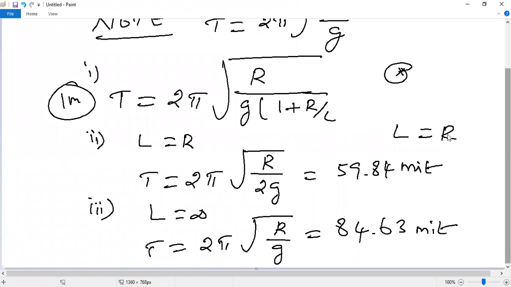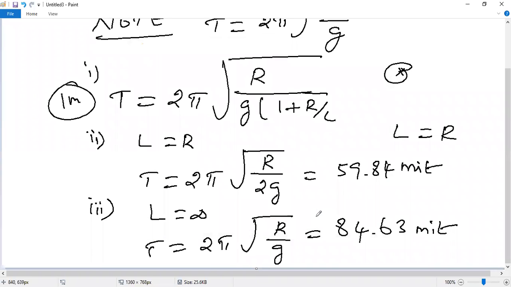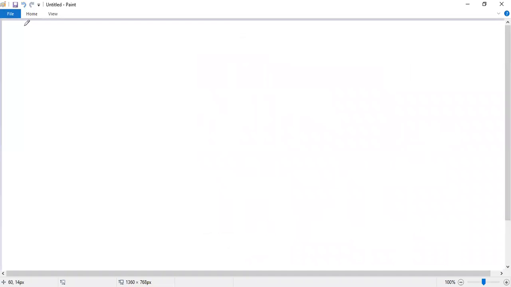So related to simple pendulum, we'll discuss one small problem. Kindly note it.